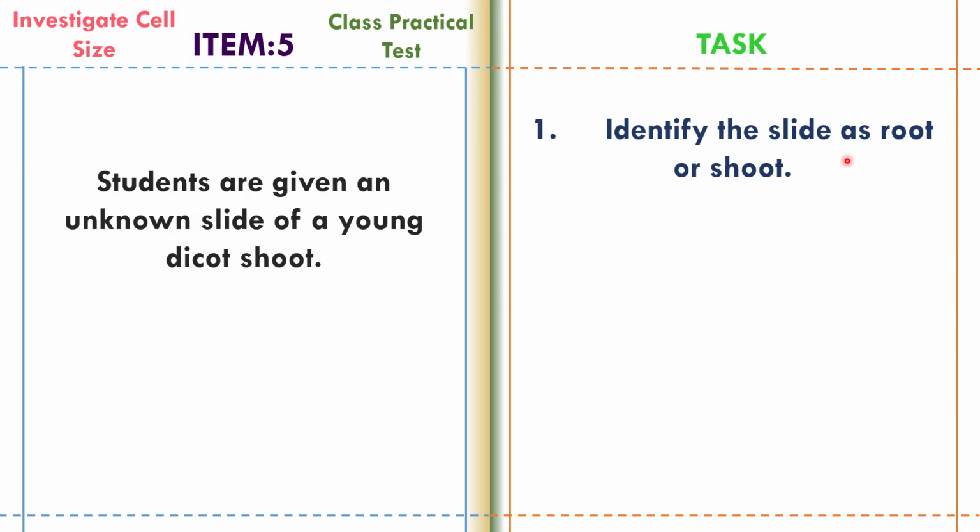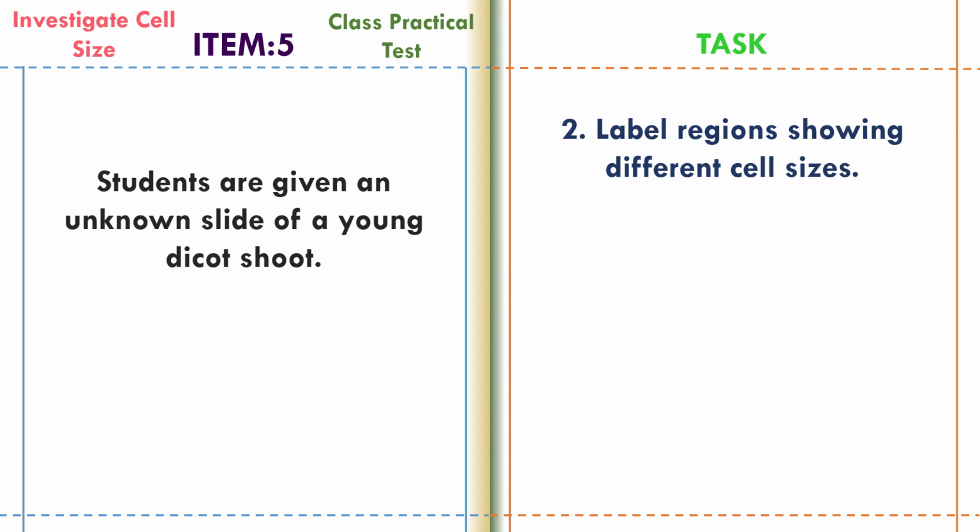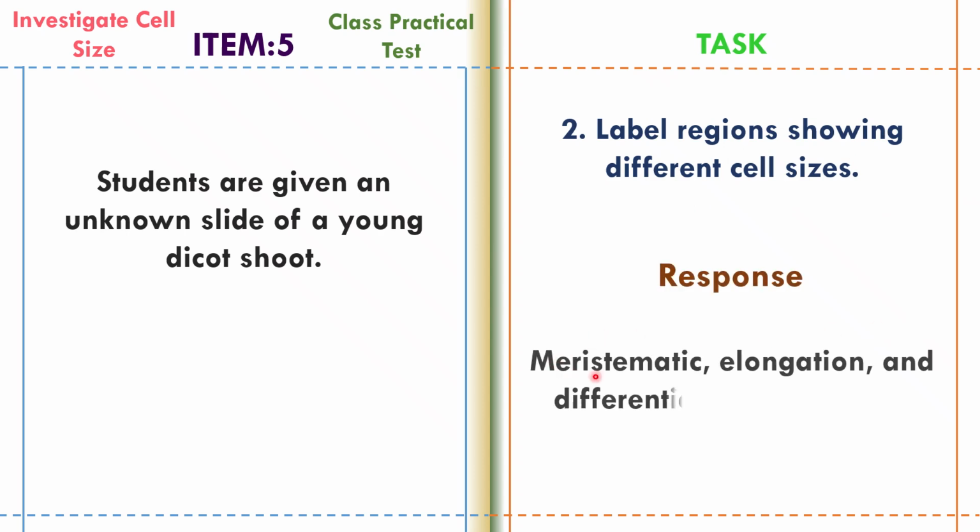Let's start by identifying the slide as a root or a shoot. The slide is identified as a shoot by the presence of leaf primordia. Let's label the regions showing different cell sizes. Meristematic, elongation, and differentiation regions are labeled.